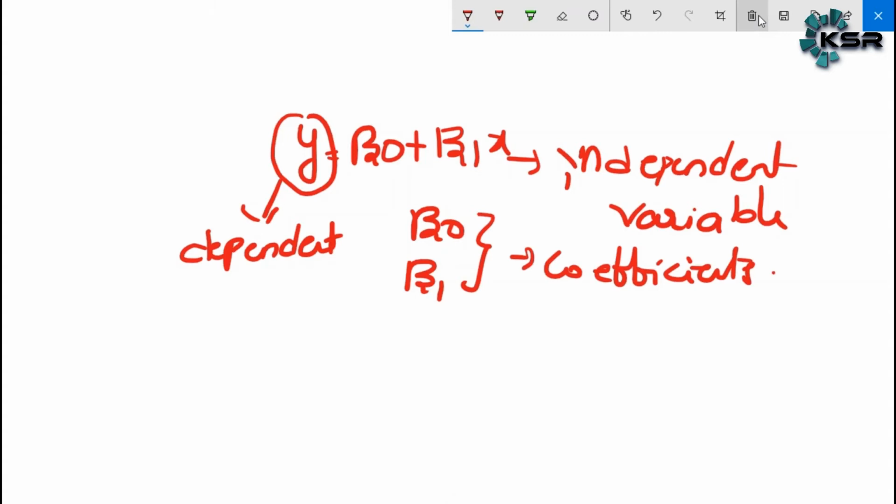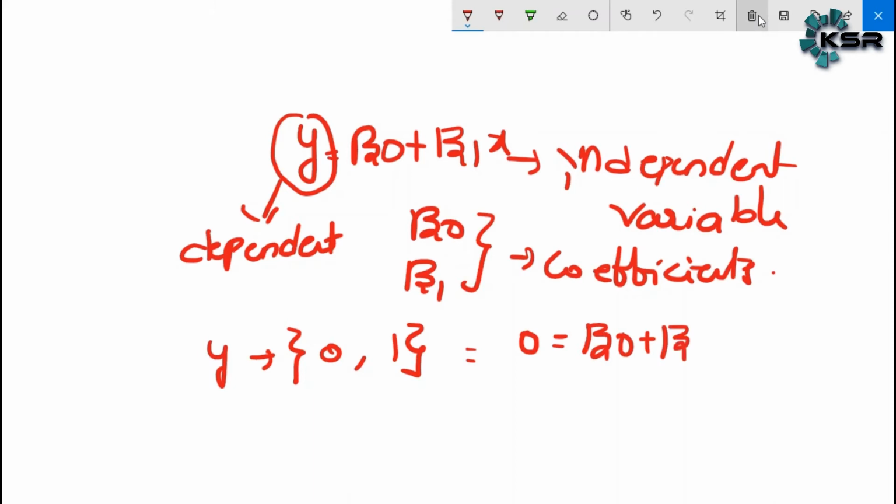Am I right? Now we would like to check here. As per the rule, your dependent variable and independent variable should be continuous. But what we have taken as an example is a dependent variable of 0 and 1, while x, your independent variable, is continuous. Now in the case of y, which consists of 0 comma 1, let's take 0 first. 0 is equal to beta naught plus beta 1 x.